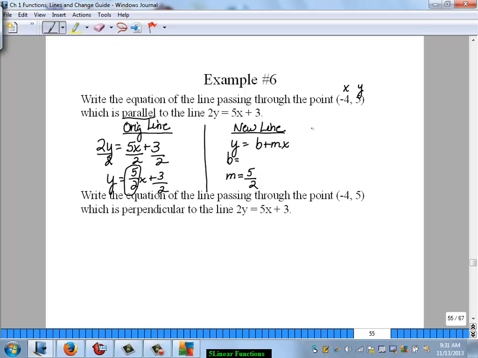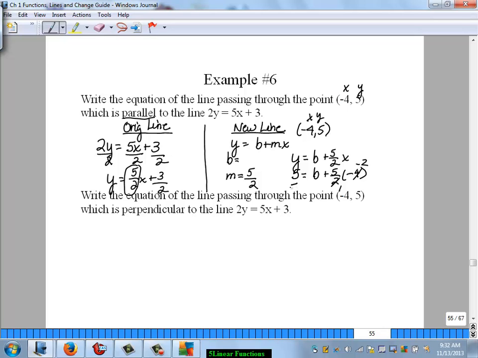And I know it goes through the point negative 4, 5. So I write y equals b plus 5 halves x, and then plug in your x and y. So I have 5 equals b plus 5 halves times negative 4. So that's negative 10.